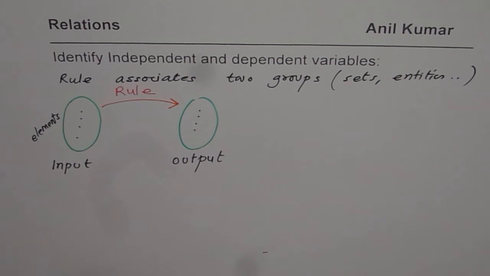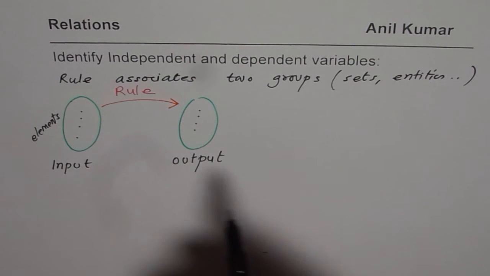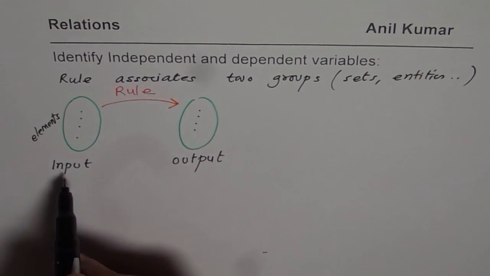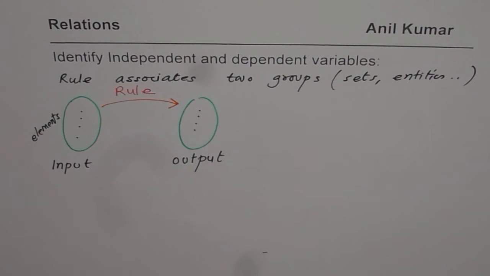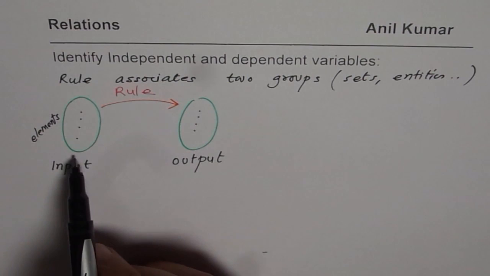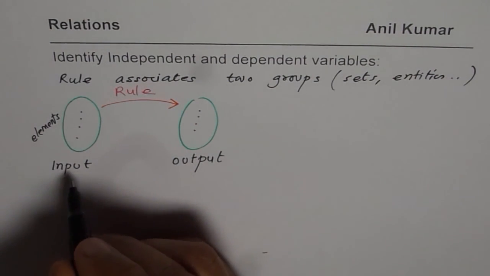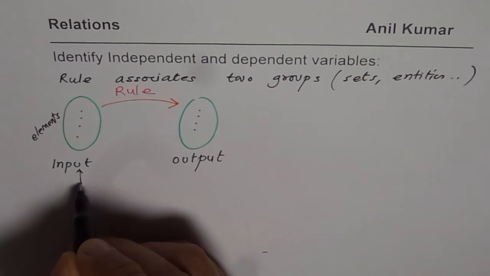Now, it could also be treated as an input-output relation. So input, you give in something, you get output. Now here, what is important is to say that output is dependent on input. Input could be anything, correct? So what we say here is that inputs are independent.